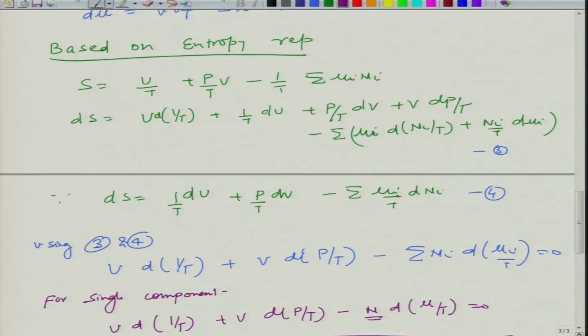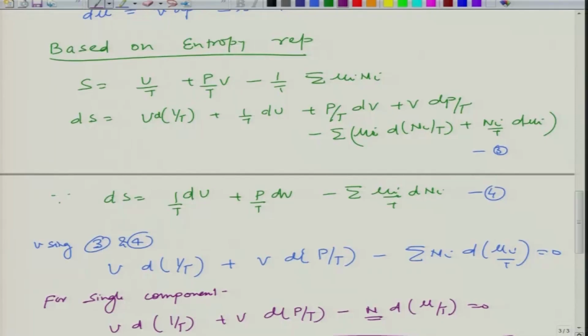It gives you the constraint between the intensive variables. Earlier we made use of the Euler expressions, which were based on the extensivity of the variables, and later obtained the Gibbs-Duhem relations. The Gibbs-Duhem relation basically provides the constraints on the intensive variables.